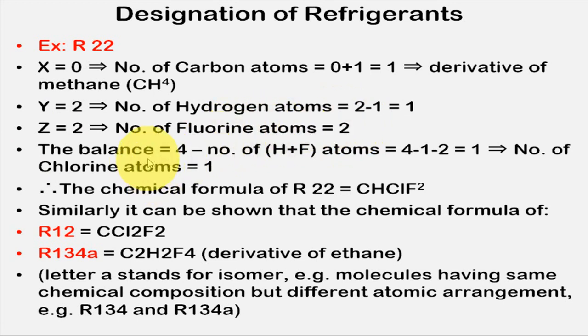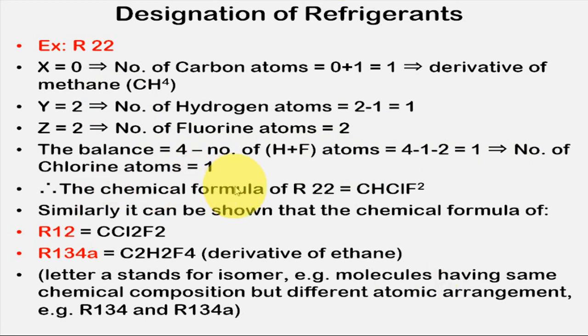And the remaining balance, the formula is 4 minus the number of hydrogen plus fluorine atoms. So it is 4 minus 1 minus 2, which gives 1. So 1 indicates the number of chlorine atoms present in that refrigerant.